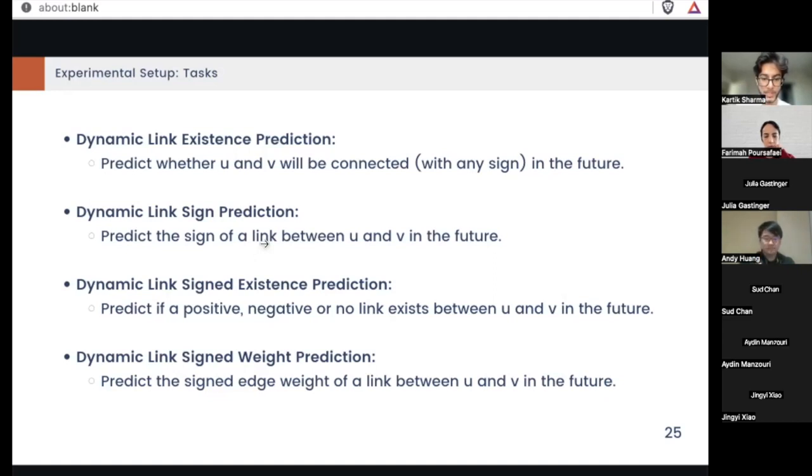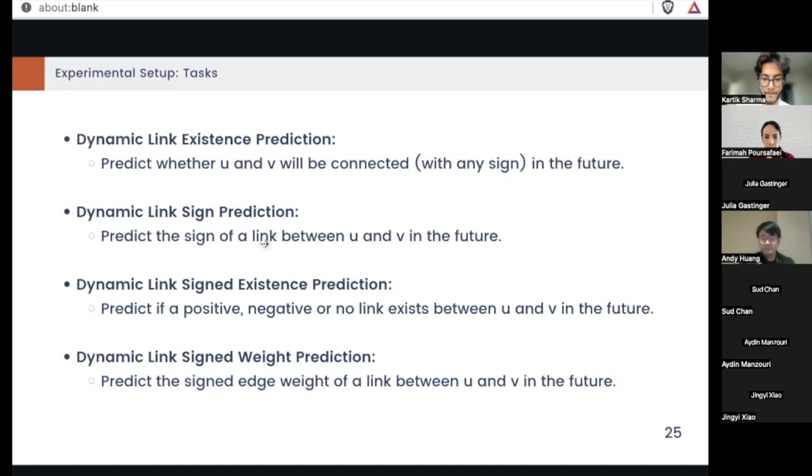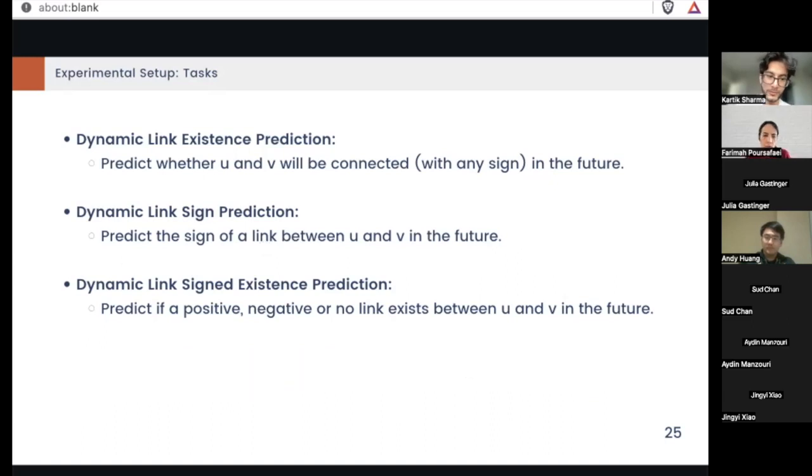Okay. So we use 4. Was there a question? Yes, sorry about that. Isn't the third task a combination of the first two? Yes, but the first two tasks are just binary classification.